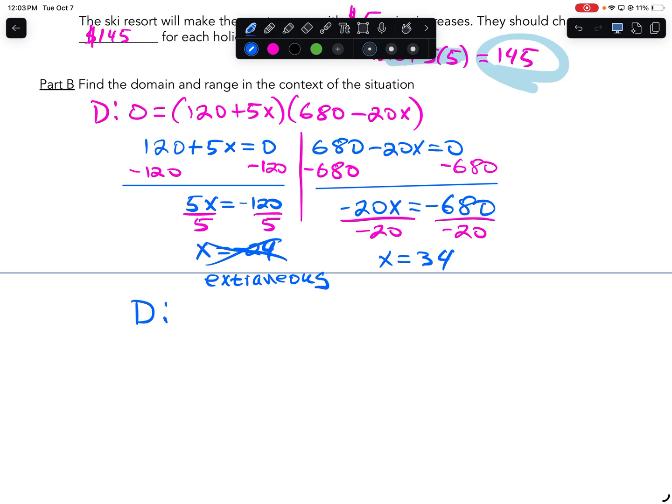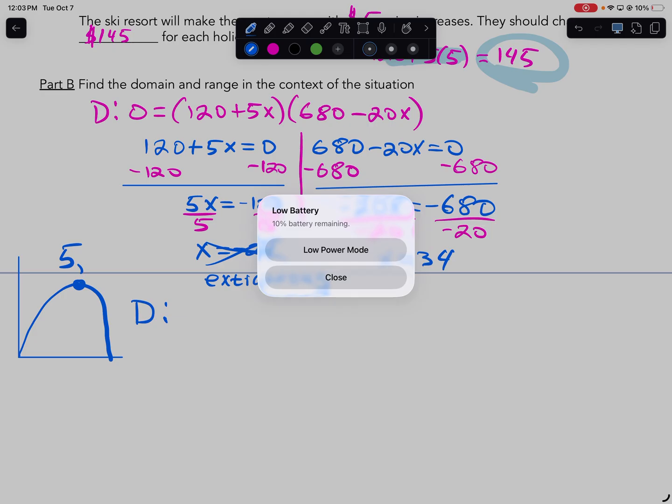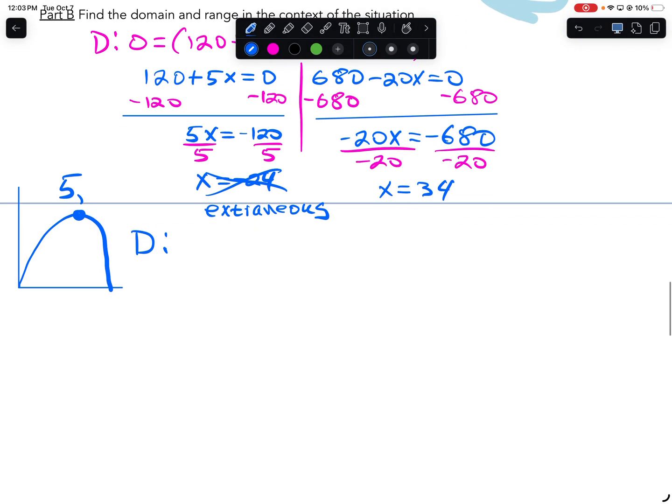If we think about a graph over here, our graph would look something like this. At the top here, we would have 5. We know that x value. We don't know the y value of the vertex yet. We're going to find that out. Oh, let's talk about our domain though. This is 34. So our domain starts at 0 and it goes to 34.